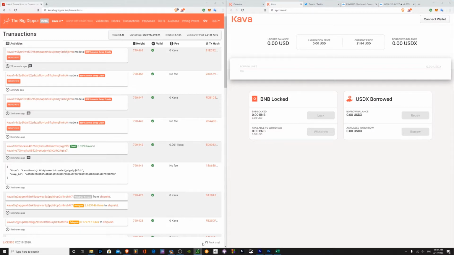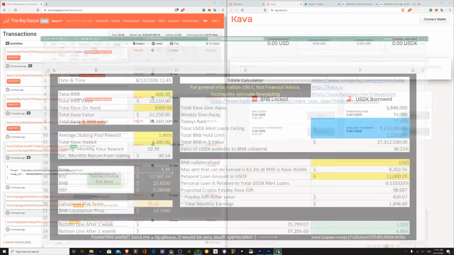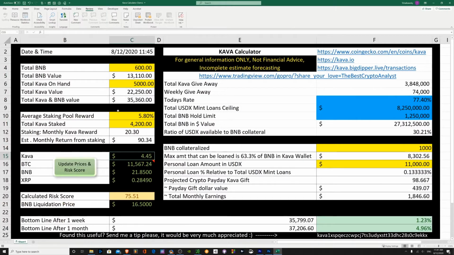For now, we're going to stick with the Cosmos Station wallet because I think it's really cool and I like the way it looks and the interface. Everything about it's awesome.